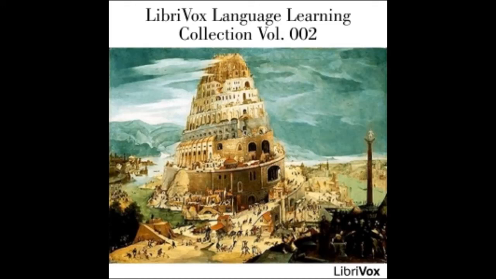Thirty-fifth lesson. Present preceded by certain particles. Vocabulary, animals continued. The horse, الجواد, or الحصان.